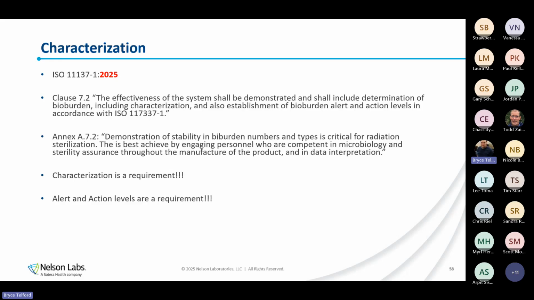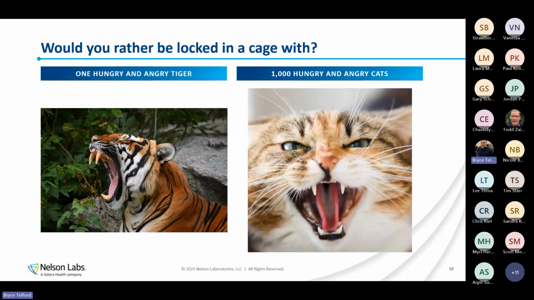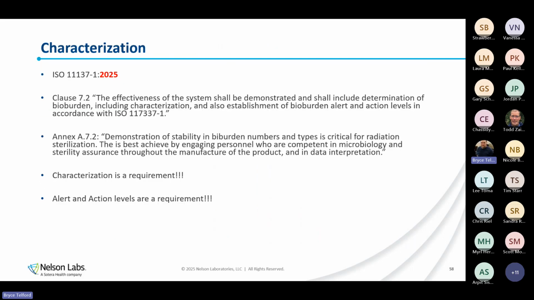What I hopefully have is essentially one kitten that I have to take on, or nothing at all. What I really don't want is to be taking on 1,000 tigers. So I want my amount of bioburden to be low, and I want the resistance of my bioburden to be low. That's where we're going to get into characterization and some of the brand new guidance from the standard.